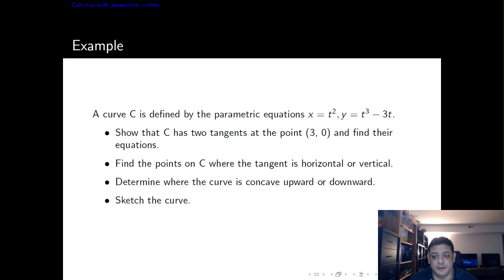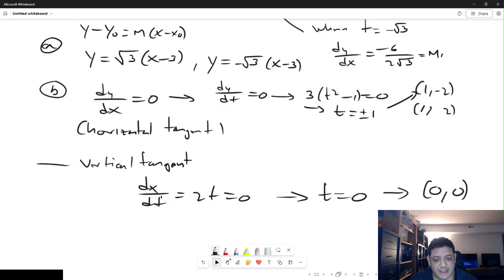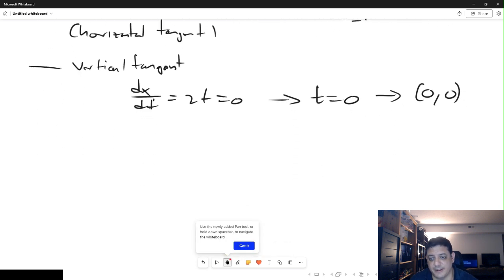Now we also want to determine where the curve is concave upward or downward, and this is mostly done by finding out what the second derivative is, since the second derivative is what's going to give me information about concavity.